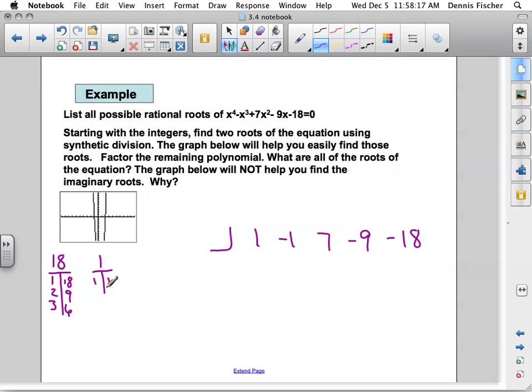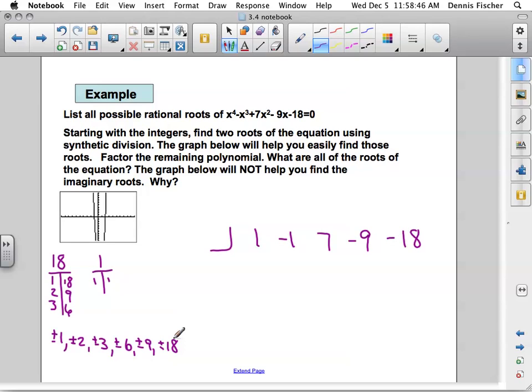If your Q is 1, you just have to worry about your P. So the numbers I'm going to try are plus or minus 1, plus or minus 2, plus or minus 3, plus or minus 6, plus or minus 9, plus or minus 18. So you've got about 12 numbers we can look at, right?